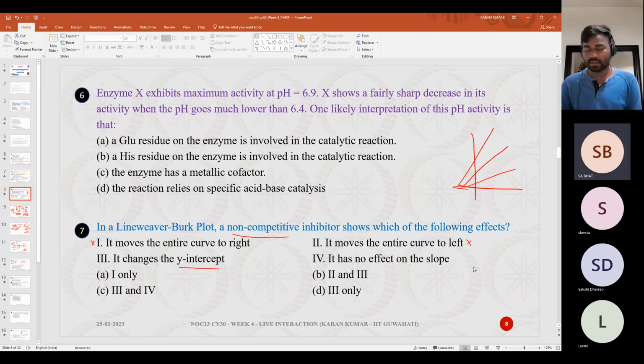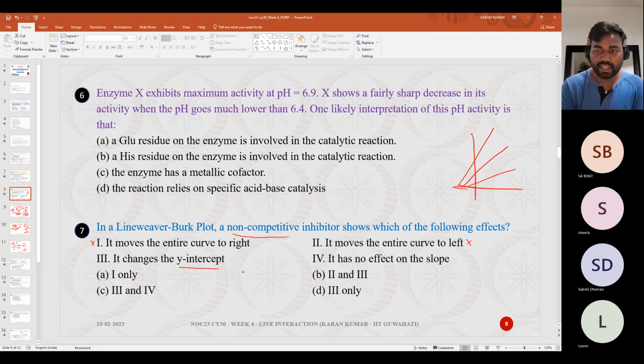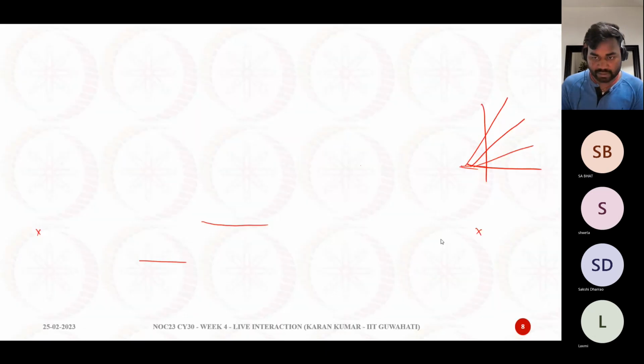Yes, it's clear. I think while drawing the graph for the non-competitive inhibitor, aren't you making the slope different for different lines? Yes, you are confusing non-competitive with uncompetitive.